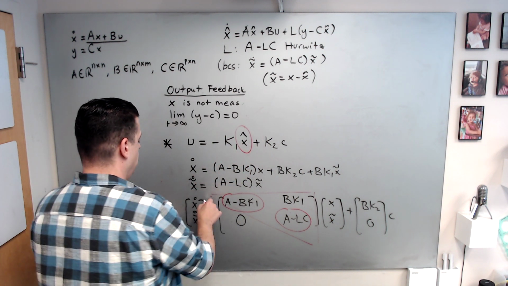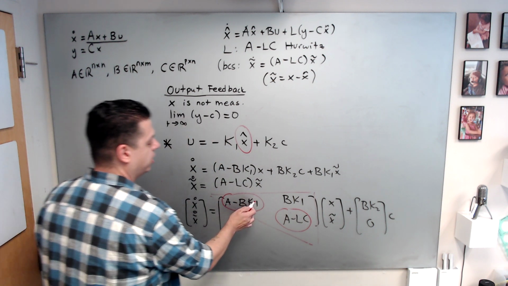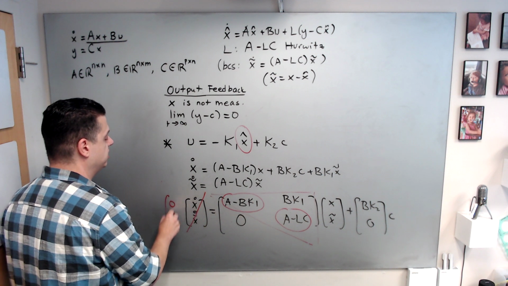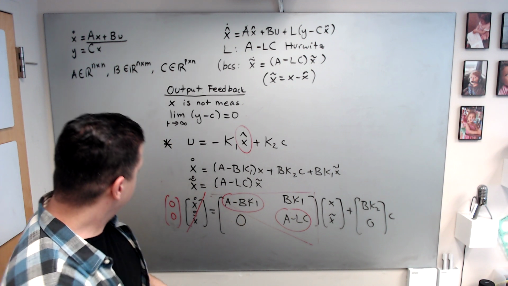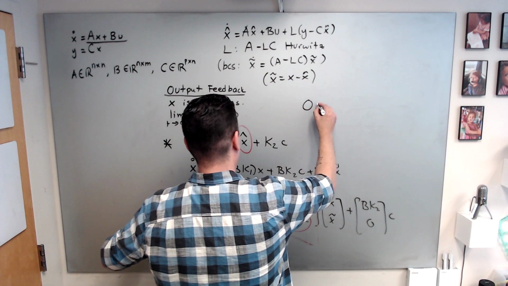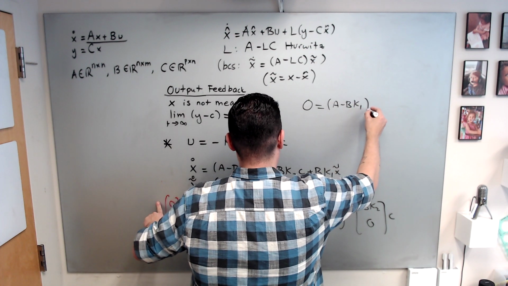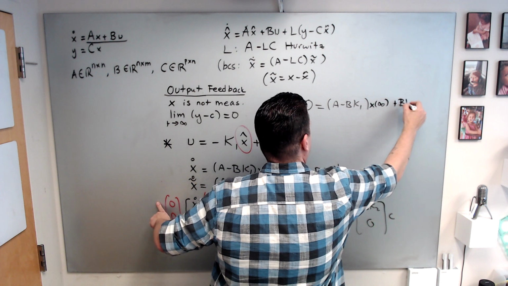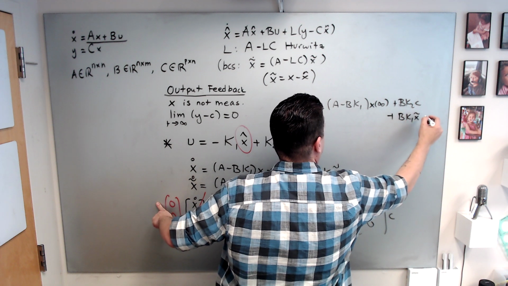And basically, since this matrix is Hurwitz, because K1 and L are making it Hurwitz, we can analyze its equilibrium point, 0, 0. Now you are going to get the same thing, right? From the first line, you are going to get 0 equals (A minus B K1) x infinity plus B K2 C plus B K1 x tilde infinity.